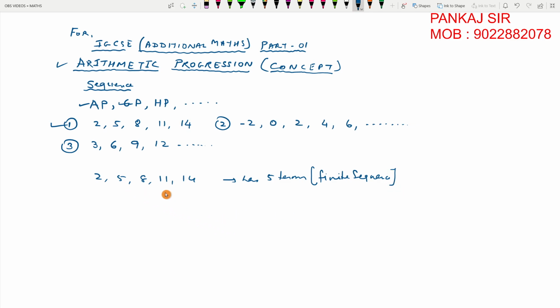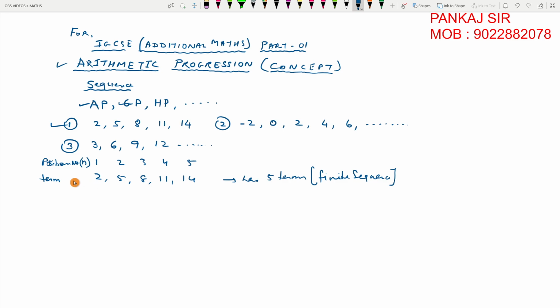Now this term 2 is on the first position. This is second position, third, fourth, and fifth. So this is known as the position number. In general, we write this as n.